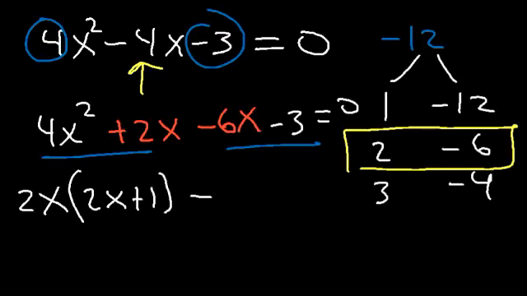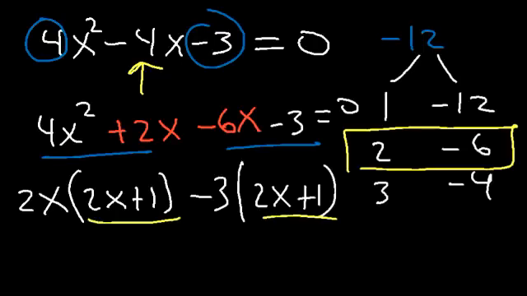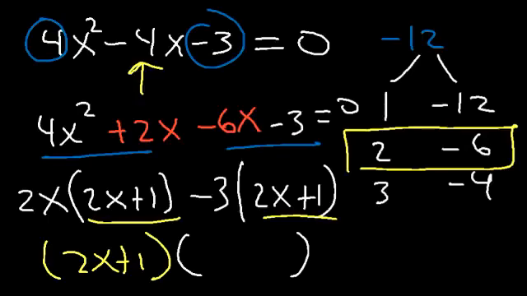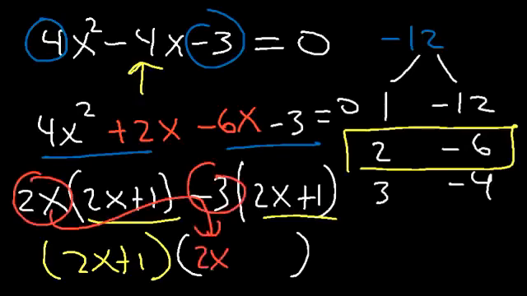Now for the last two terms, the greatest common factor that we can pull out is negative 3. Negative 6x divided by negative 3 is 2x, and negative 3 divided by negative 3, that's plus 1. So we have a common factor, 2x plus 1. And so now we need to insert the 2x and the negative 3 in the other parentheses.